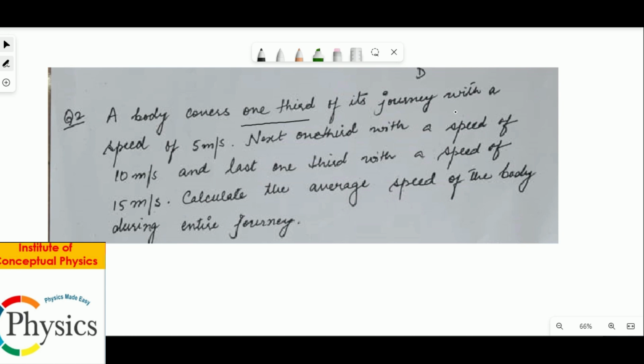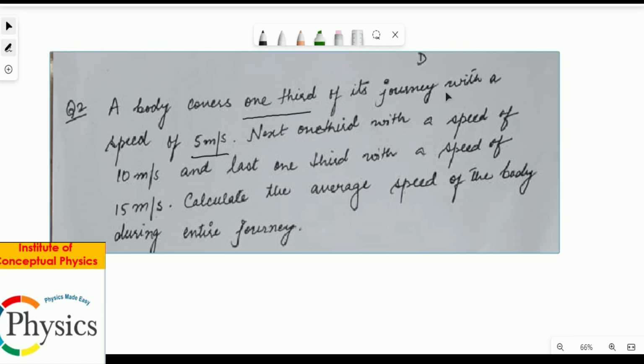If you see this question, it says that 1/3 of the journey is with a speed of 5 meters per second. The first step in such questions is to understand the journey itself.